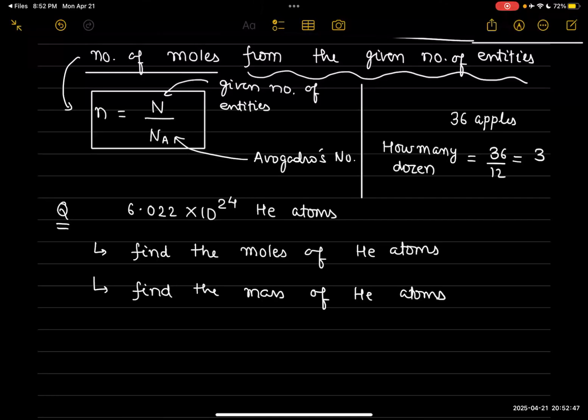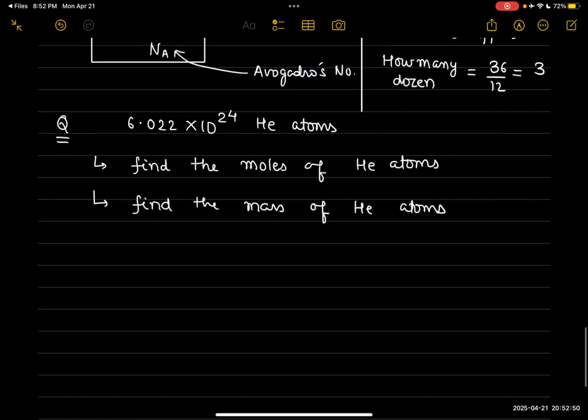So you have a relationship for moles. From the number you can find moles as number divided by Avogadro number. If you want to do the calculation with the number, you can use this. If you want to do the calculation with the mass, do this. Got it?